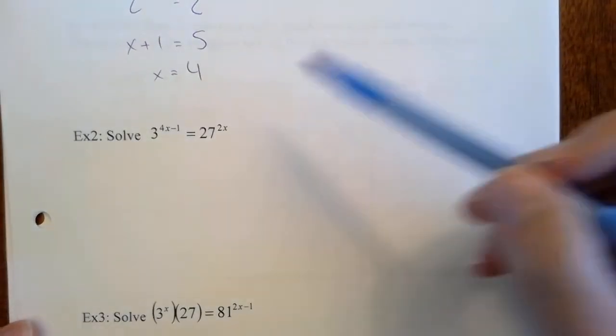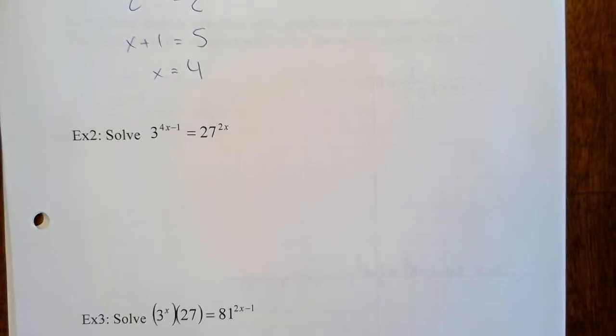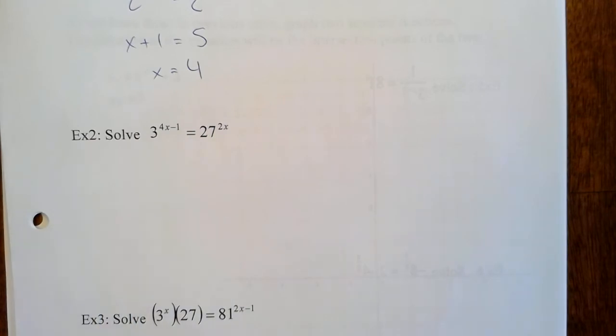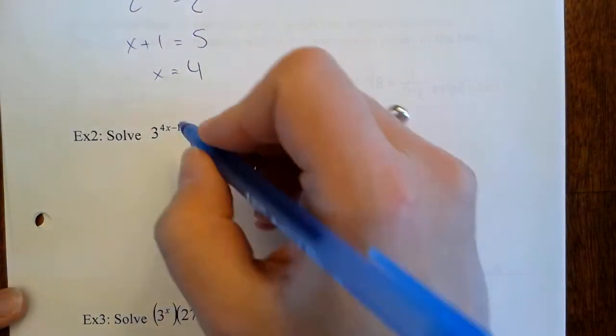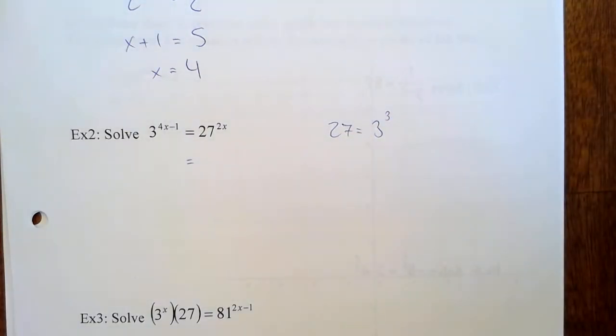Let's try a slightly harder one here. 3 to the 4x minus 1 equals 27 to the 2x. So that already has a bit of exponent on it. I'm going to have to keep that in mind. I'm looking at the bases, 3 and 27, and I think 27 could have a base of 3. I think 27 equals 3 cubed, yeah, there we go, 3 cubed.